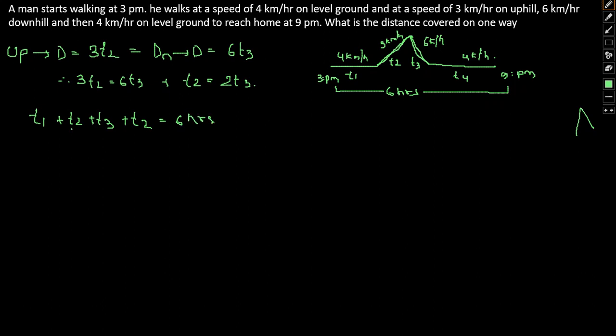Here t2 and t3 we already know the relation of the same, right? So we can simply substitute t2 by 2t3, so t1 plus 2t3 plus t3, that is 3t3, plus t4 equal to 6.